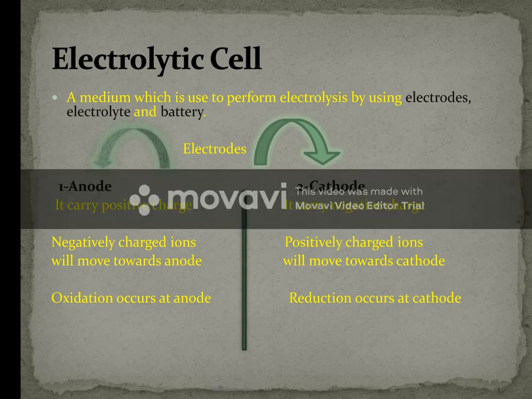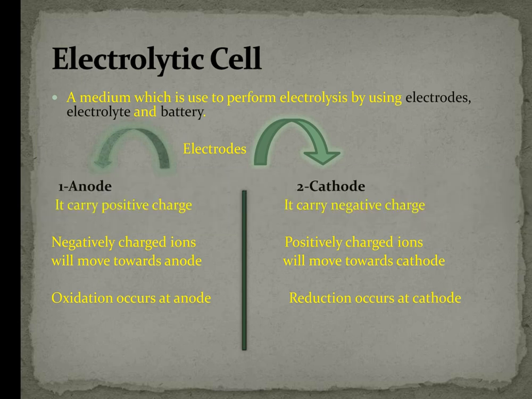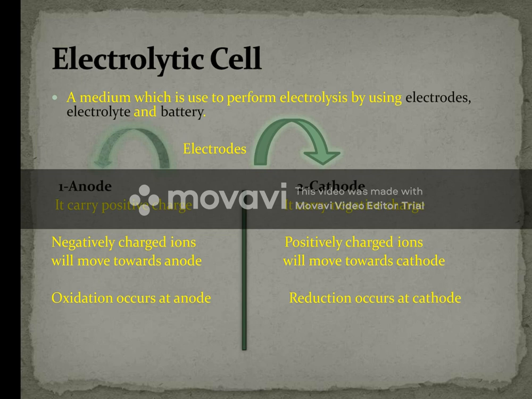So class, let me share the simplified concept. The simplified concept is CAT, cat, as a cat is a pet animal, right? But we know that once it gets wild, it can give a very negative reaction to human beings or anyone else. So remember that: cathode is negative.